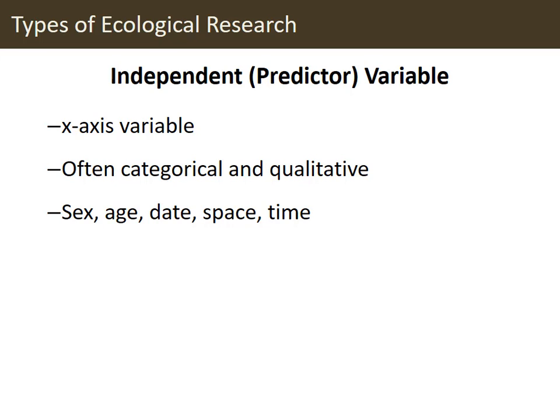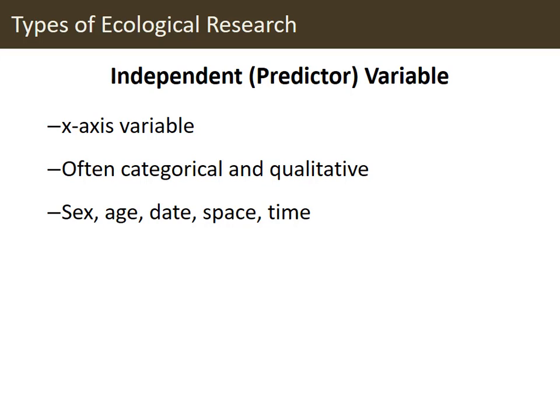Usually our independent variables or predictor variables are categorical. So things like species or sex or age or time or space, between plots, over years, over a lifetime, across different but similar species.